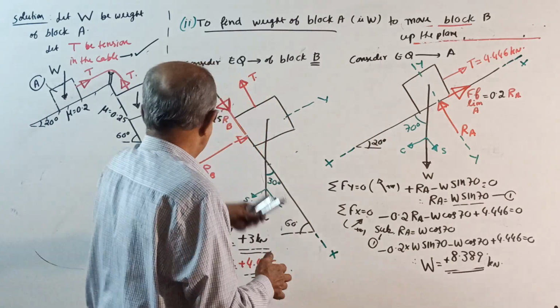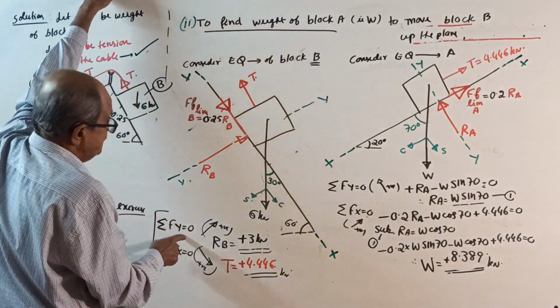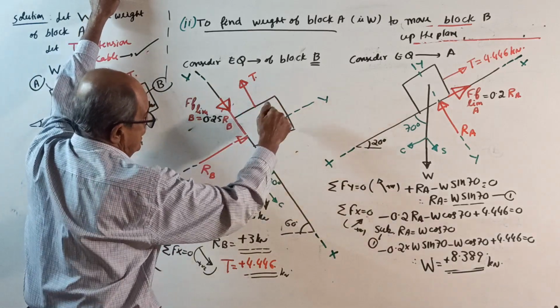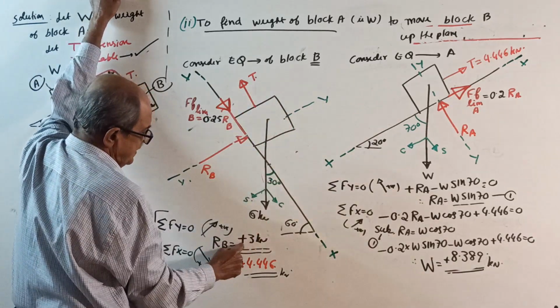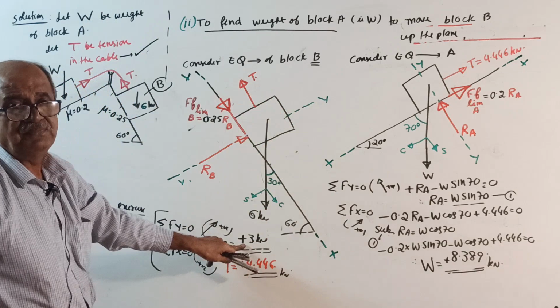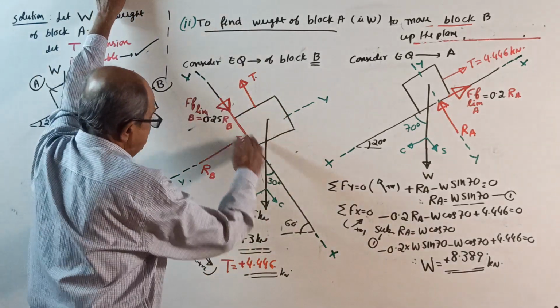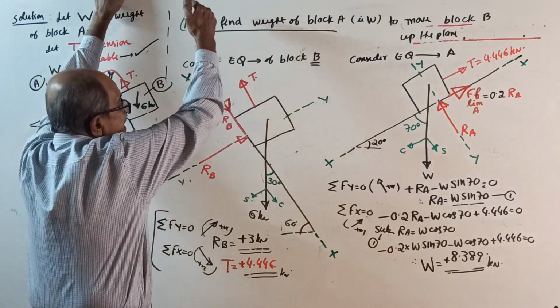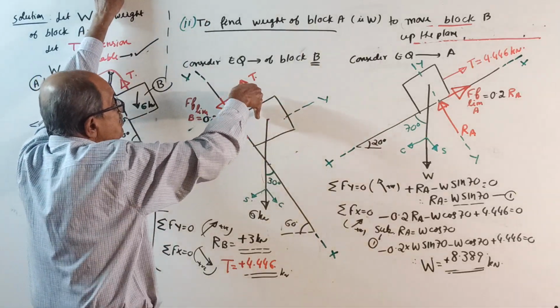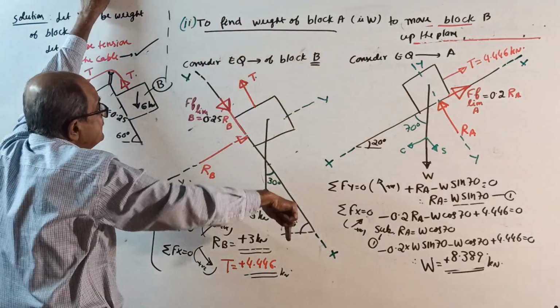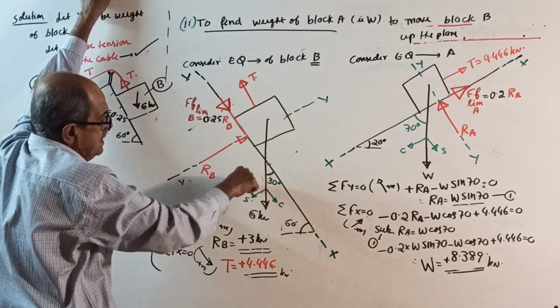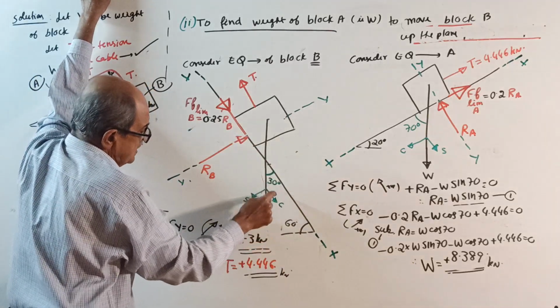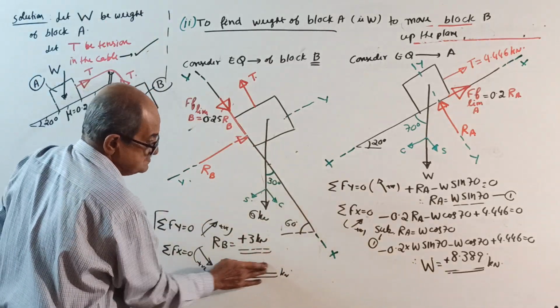Okay, start solving. Sigma Fy = 0: Rb minus 6 sin 30 equals 0. Rb will come 3 kilonewton. Sigma Fx = 0, but be careful now: minus T plus 0.25 Rb plus W cos 30 equals 0. T will change.